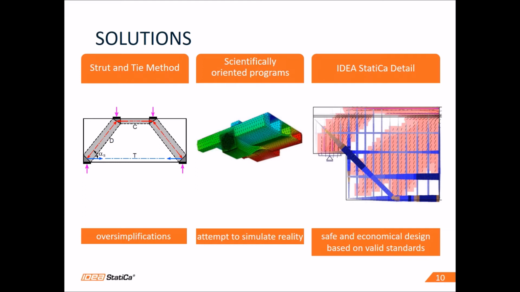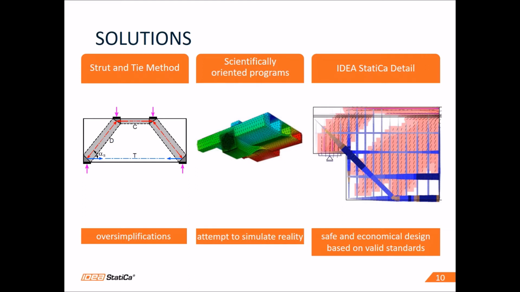There are also more disadvantages. I will talk about them later in the next slide, but mostly the first one is that you are able to check just the ULS. On the other hand, you have scientifically oriented programs like ANSYS, MIDAS, and so on. There are many more, and they are trying to simulate reality, right?